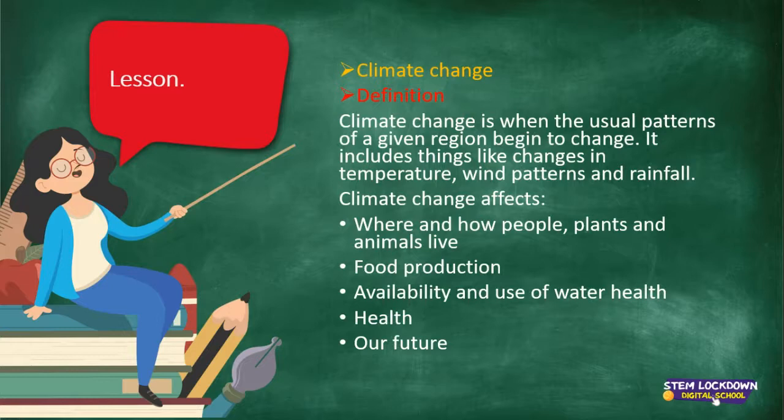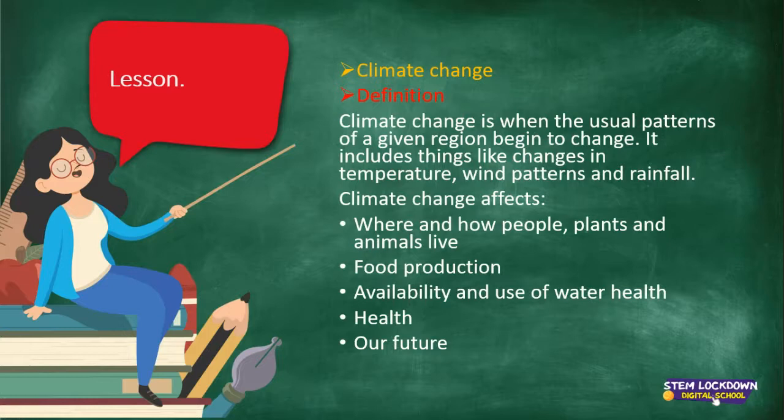So basically, I'm sure everyone has their own experience of climate change right now, even though a lot of you, grade 11s, were born in the 2000s, so you may not have experienced climate change the way that people born in the 60s, 70s and 80s have.